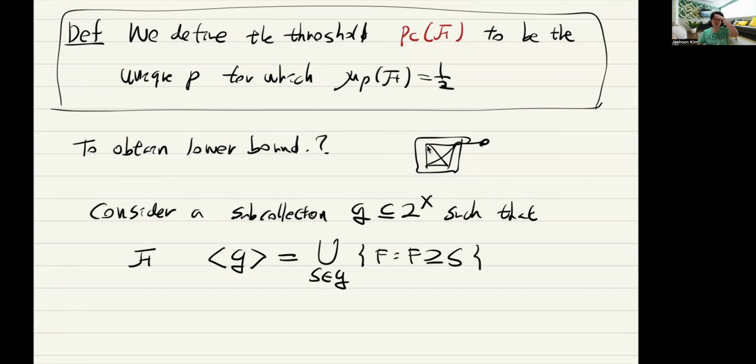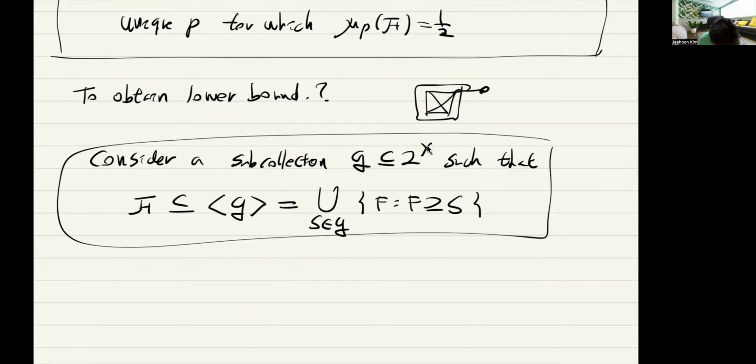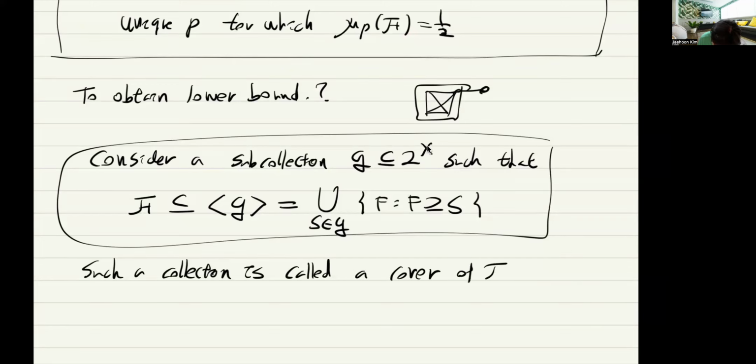You take the union. And you can say that this is the set generated by G. And if this totally contains F, then we say that such a collection is called a cover of F.